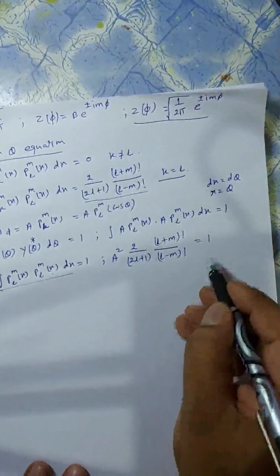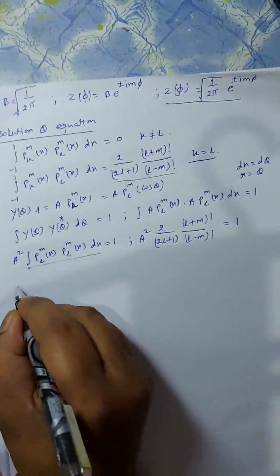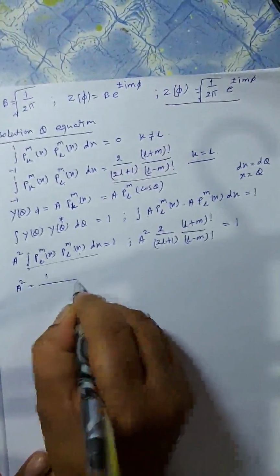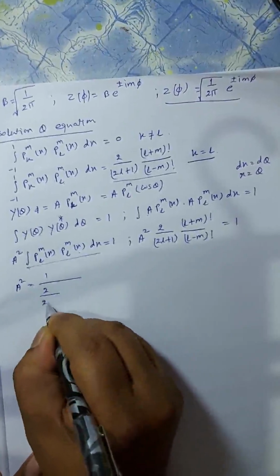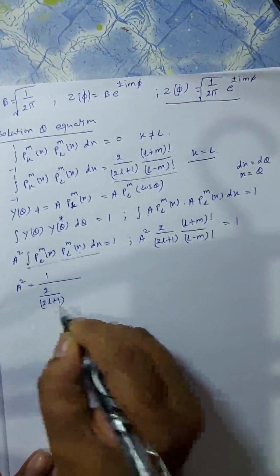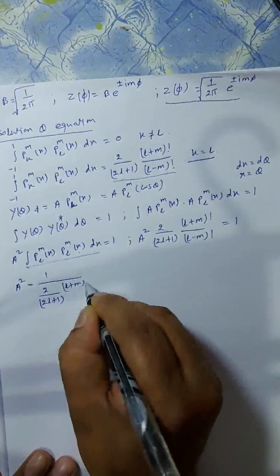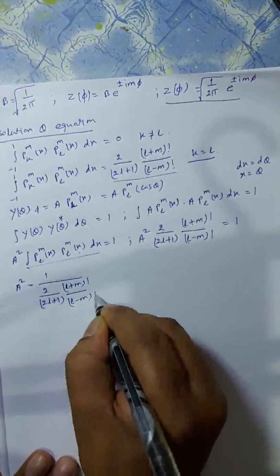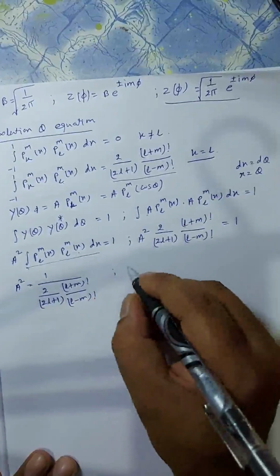Take this to the other side. Then A squared is equal to 1 divided by [2 divided by (2l plus 1), times (l plus m) factorial divided by (l minus m) factorial]. This will come upper, go to the numerator.